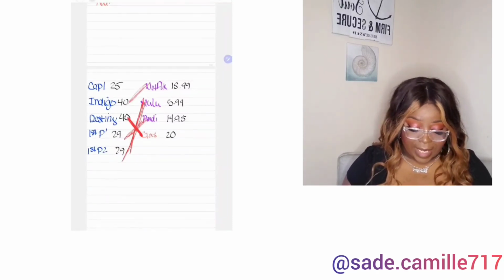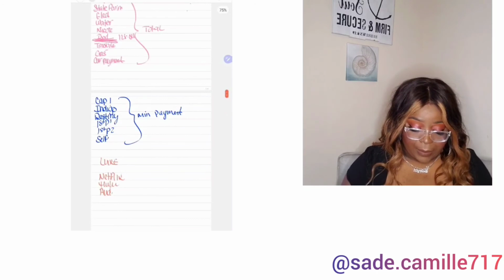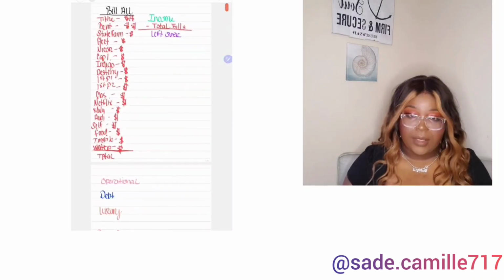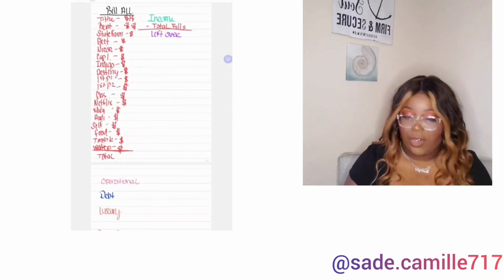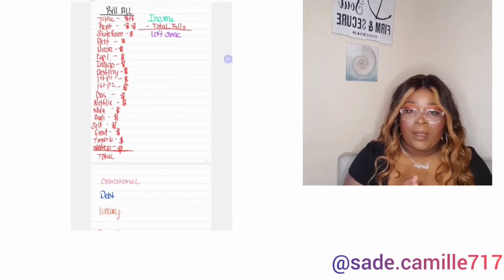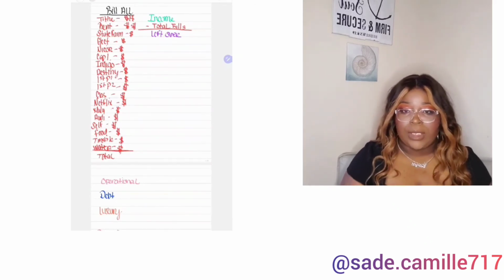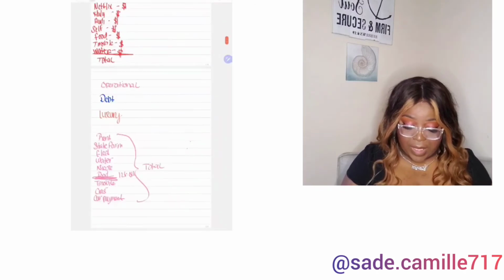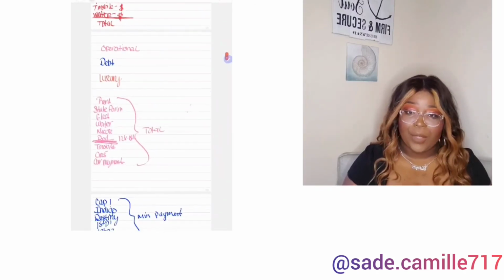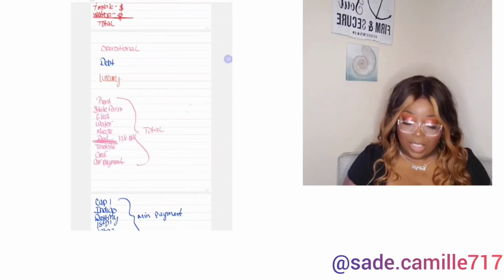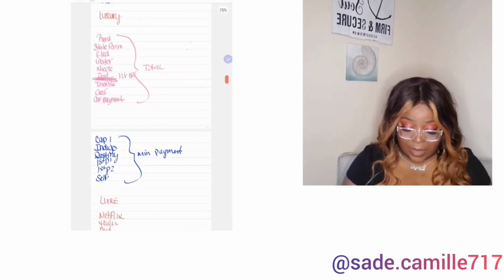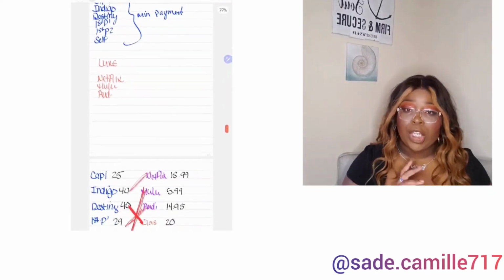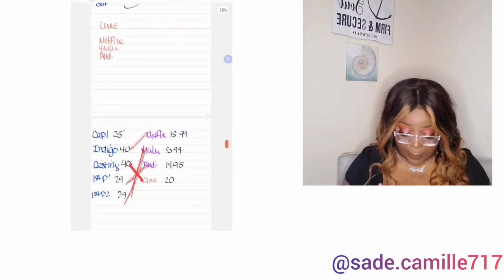So this is how I take my main list of bills, making sure that my bills are under my total income, breaking them down into the types: operational, debt, and luxury, so I know what those things are.